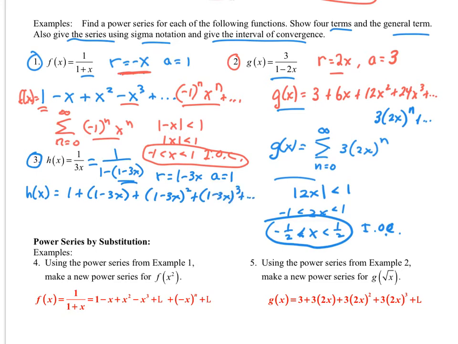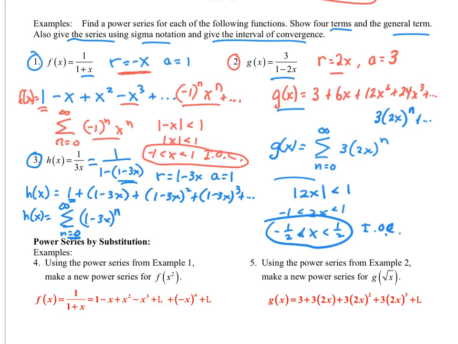And then my general term, I'm just going to put it into my rule here. I'm going to start off with n equal to 0 to infinity of (1 minus 3x) to the n power. Does that satisfy this one? Yes, if I start at 0, plug it in here for n, that would work. So that would be my sum, or my series, in sigma notation, that represents h of x as well.